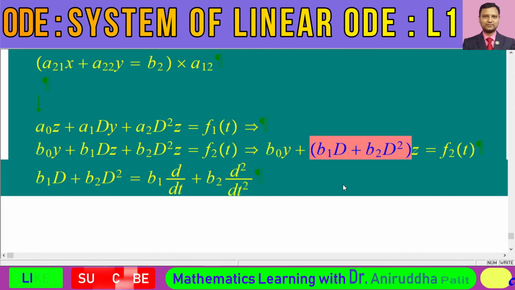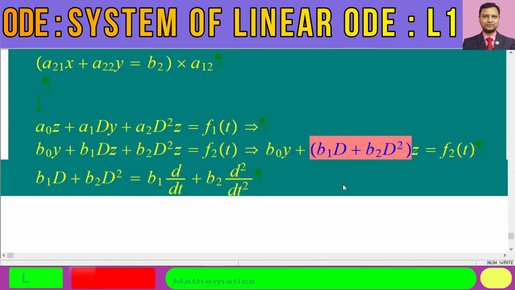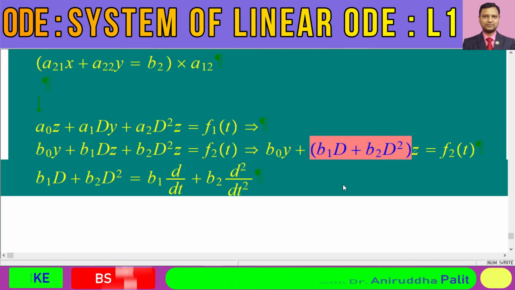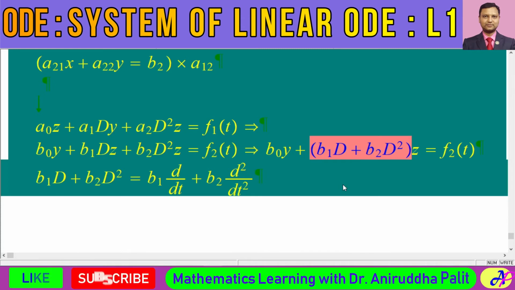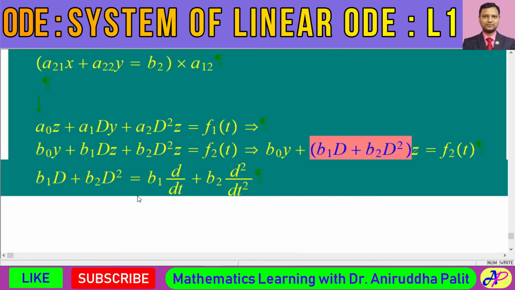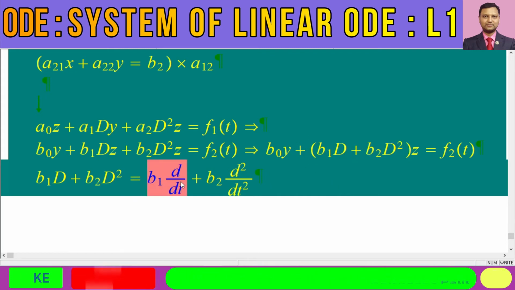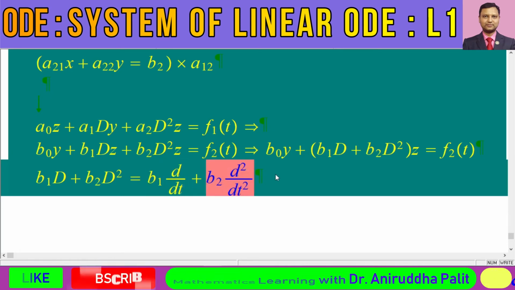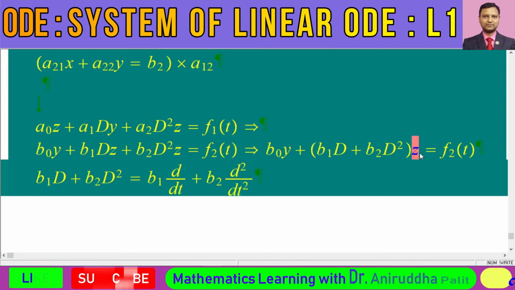There is one theory, a part of mathematics, that is called operator theory. That is studied mainly in the master's degree. In operator theory, we generally write it this way: the sum of the first operator plus the second operator is operated on a dependent variable z.